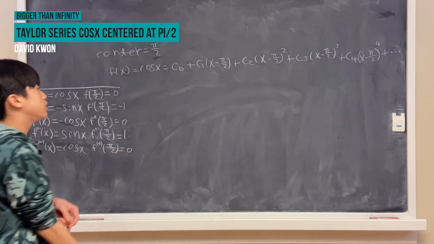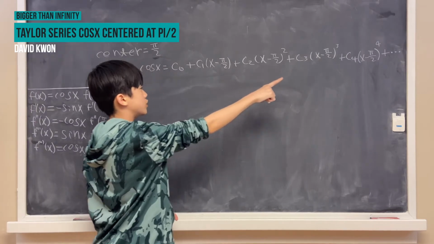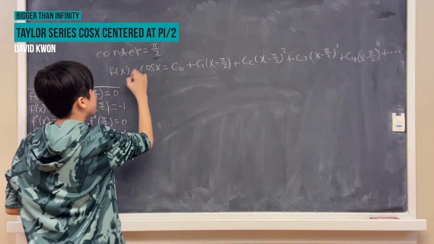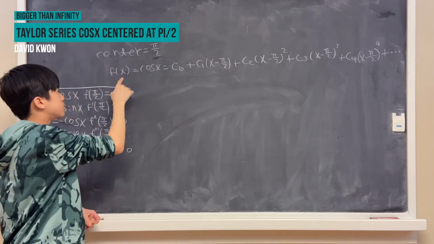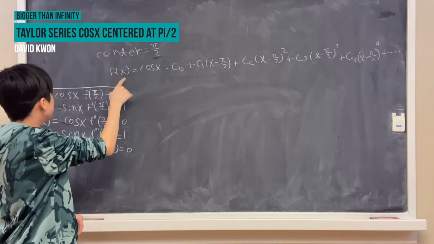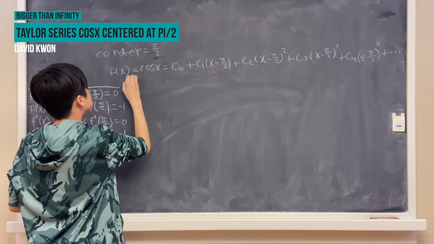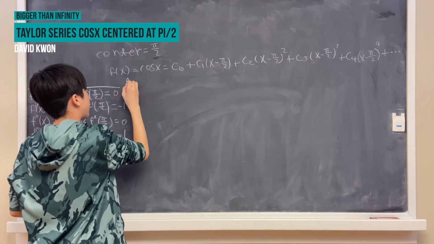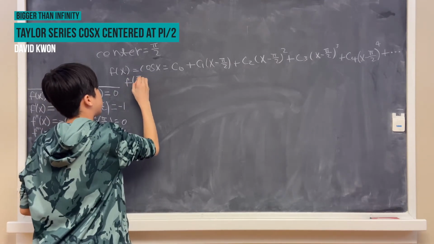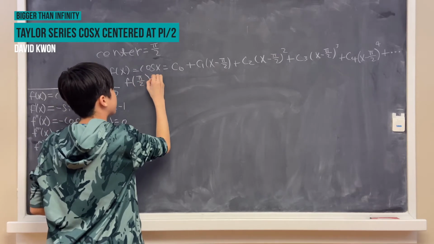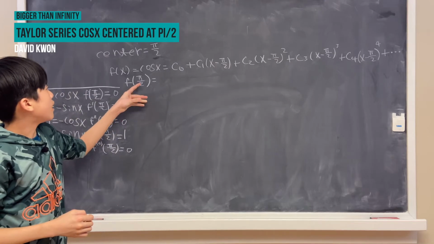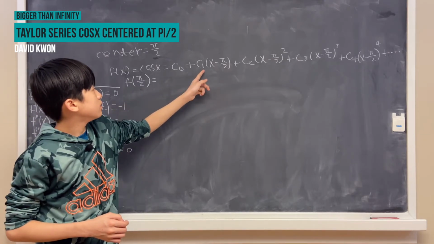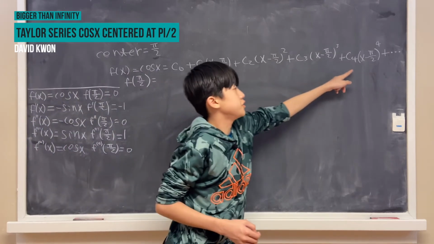So now we will differentiate our original function, this long function. Actually no, before we do that, we have to set x equal to pi over 2. So we get f(pi over 2) equal to, when we put pi over 2 in the x placement, this becomes 0, 0, 0, and so on.